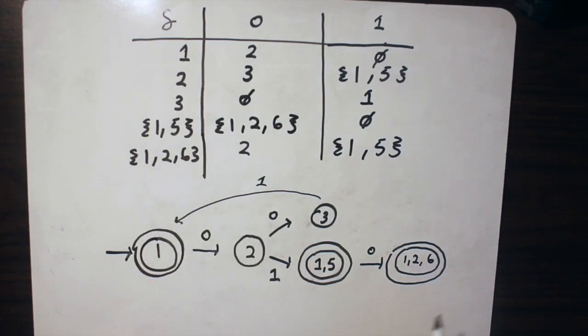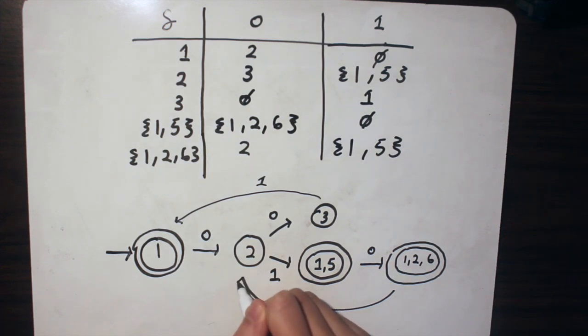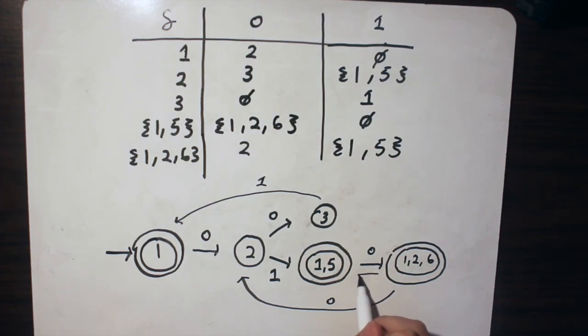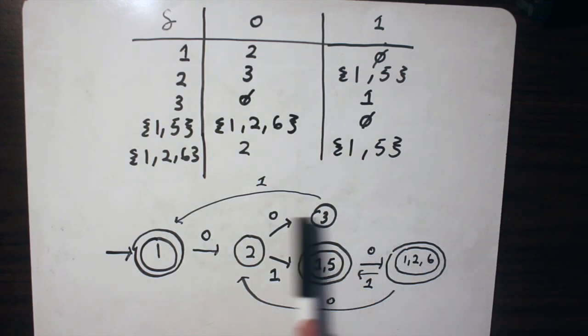So we can go back to the state 2 on an input of 0. And we can also go back to the state 1 and 5 on an input of 1. And that's it. That's our completed picture of our DFA that we created from the original NFA. So at this point, we are done.